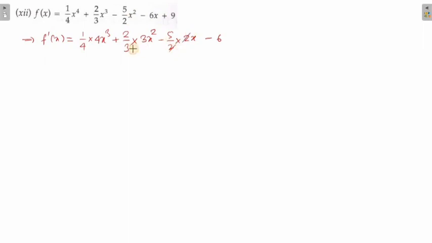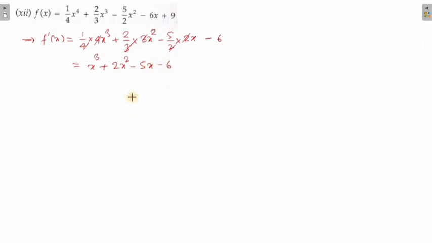So these things get cancelled, and you get x cube plus 2x squared minus 5x minus 6.